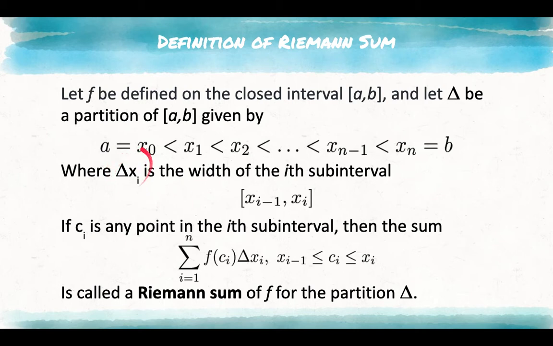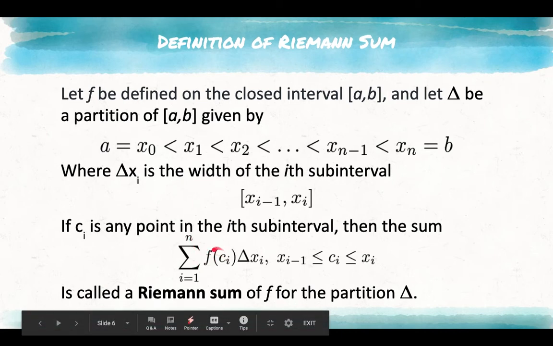But instead of just plain delta x, we use delta x sub i, and that's just x sub i minus 1 to x sub i. That's the interval we're talking about. How wide is it? So we take the difference. And then the Riemann sum is, again, the sum from i equals 1 to n of f of c sub i times delta x sub i.